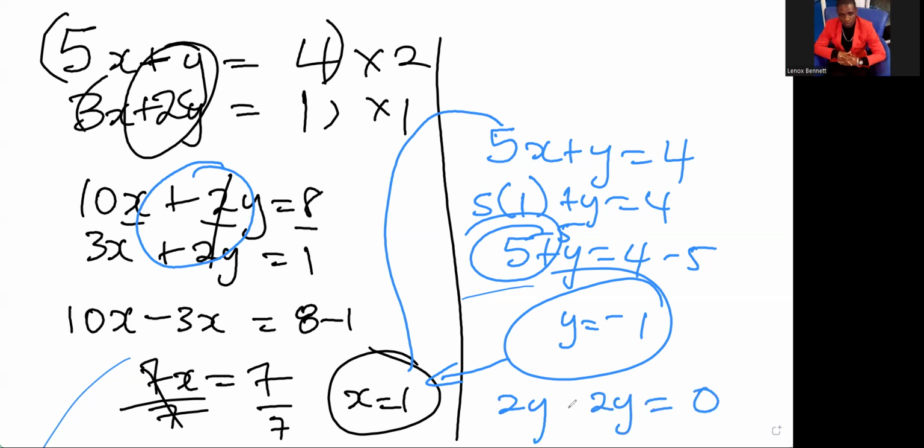Which sign can you put there to eliminate y, to make y be 0? We can't put plus, only minus, right? 2y minus 2y. You have to do it for everything. So that's why we put the minus here. Anything you do for one, you have to do for all. That's the definition of an equation.